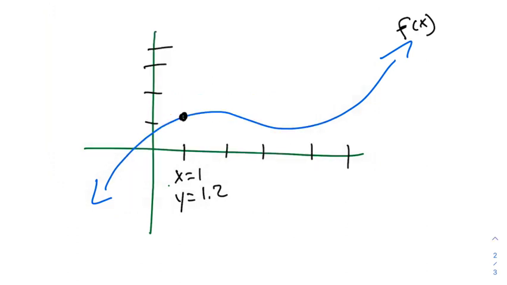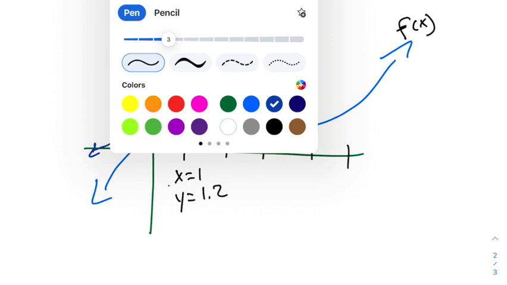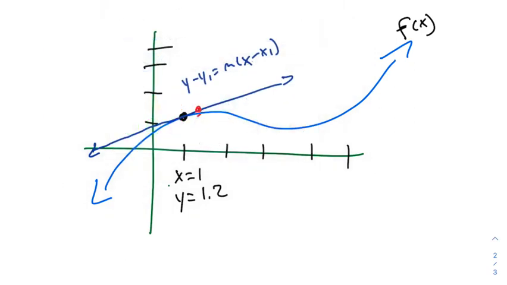Well, in calculus, we have found other ways to estimate what might be happening near x equals 1. One of the first ways we'd estimate in Calculus AB would be called a linear approximation, where we find the slope at x equals 1, and then we know that point at x equals 1, and we are able to estimate what another nearby point would be.